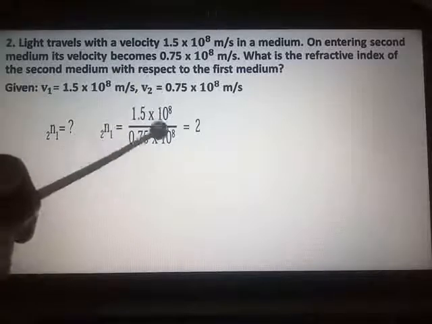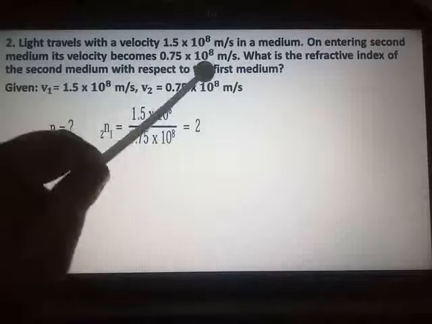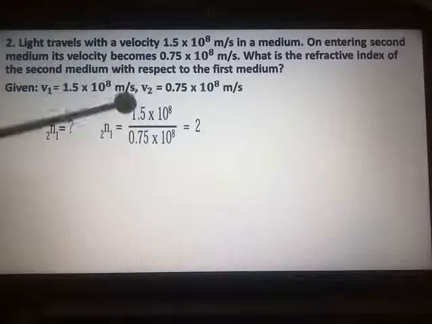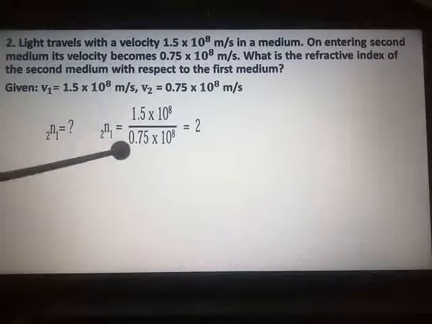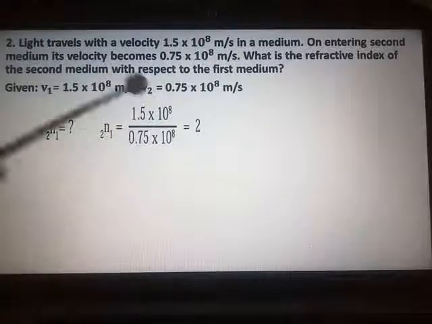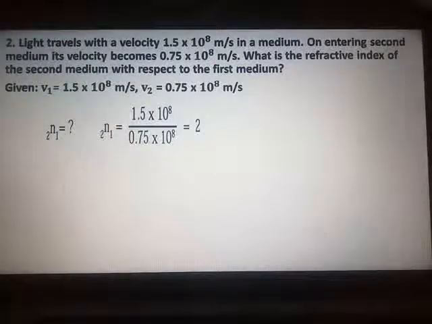The 10 raised to 8 cancels, and even meter per second on both sides gets cancelled. If you divide 1.5 by 0.75, you get the answer 2. So the refractive index of the second medium with respect to the first medium is 2. I hope you have understood both the solved examples properly.